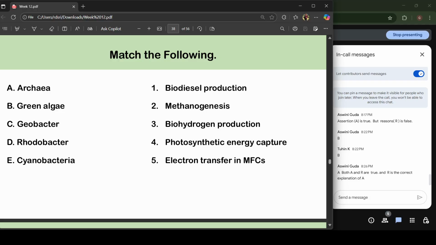So now you have to match the different types of microorganisms with the products that they can produce.